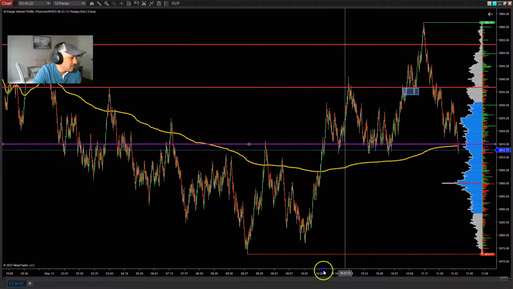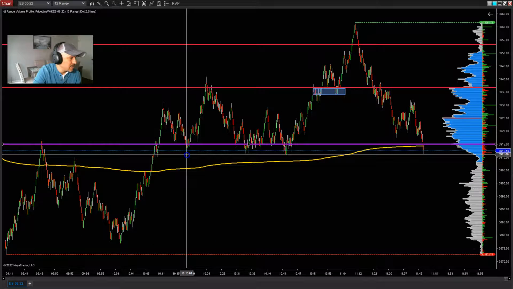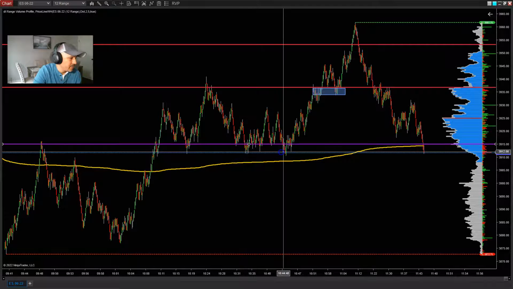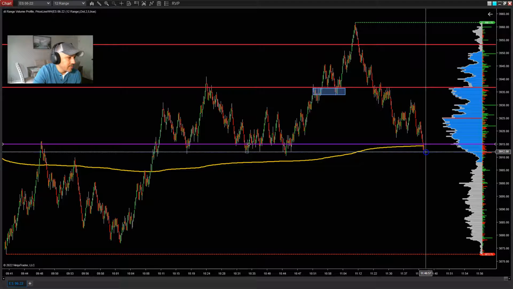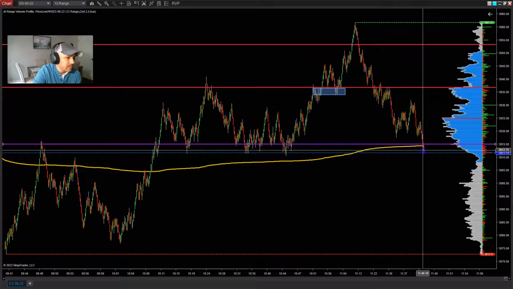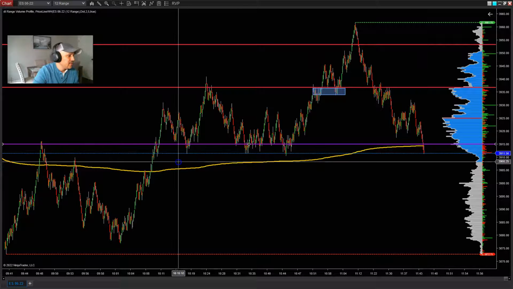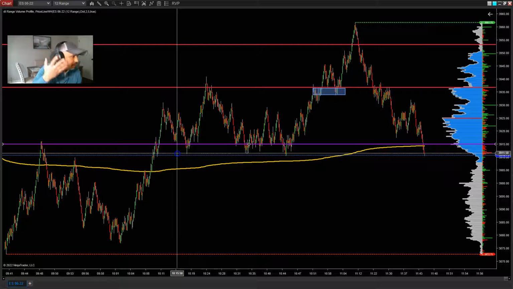You hit this area once at 1020, 1033, 1045. Now we're hitting this area again. Probably gonna break it and push lower though, but looks like it. We're hitting it again here, 1145. So let's see.